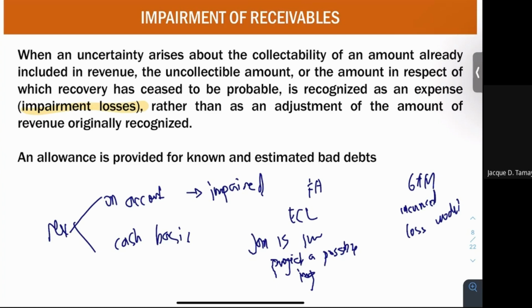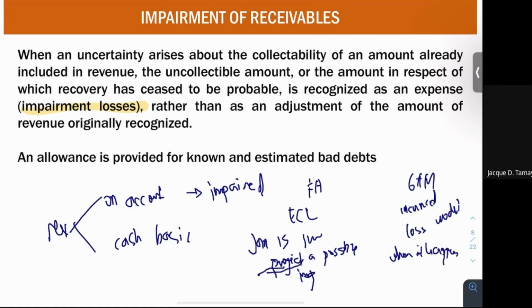However, under your GAM, it is only incurred. Why do we say incurred? You only recognize it whenever there is really uncertainty as to the collection or to the uncollectible amount. When we say incurred loss, you only record when it happens.